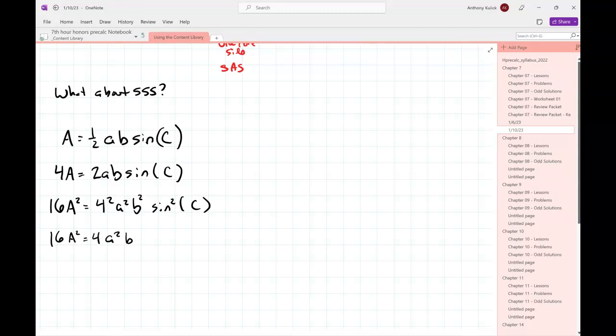Oh, I didn't mean 4 squared, I just meant 4. Right? Sine squared is 1 minus cosine squared. I'm going to then distribute that 4a squared b squared through.